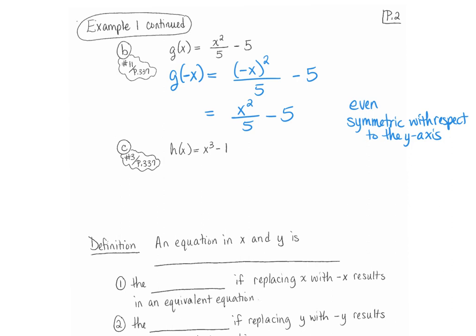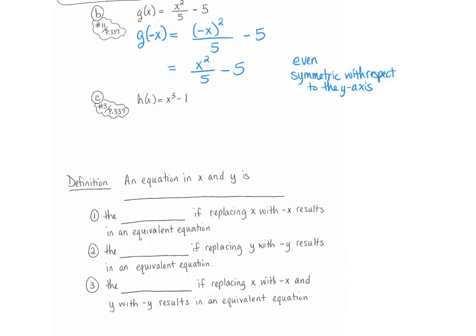Take a minute and determine whether h of x equals x cubed minus 1 is even, odd, or neither. So our question is, is this function even, odd, or neither? The majority voted odd, and then we had a few evens, no neithers.